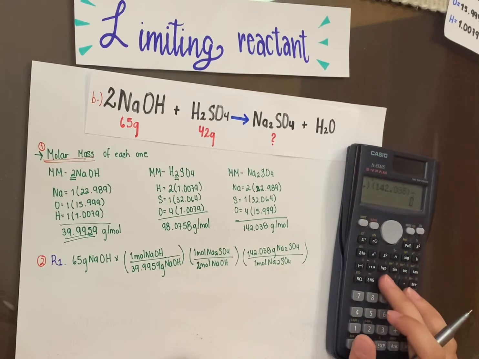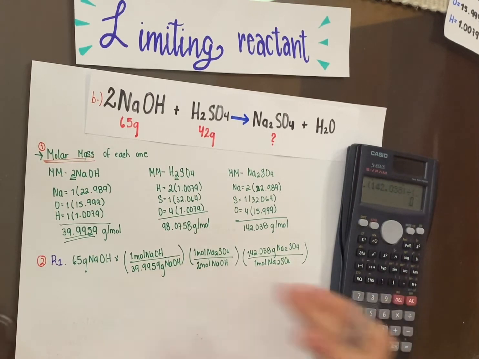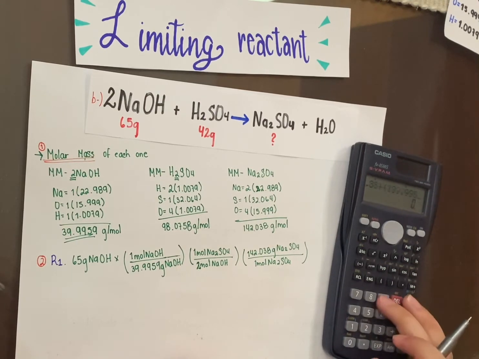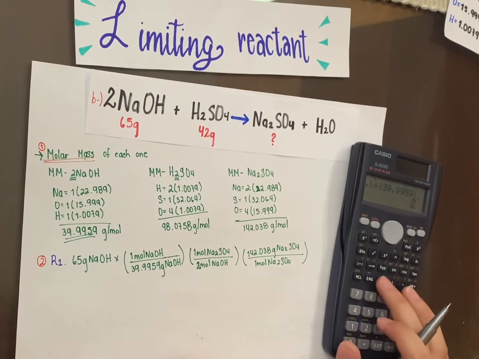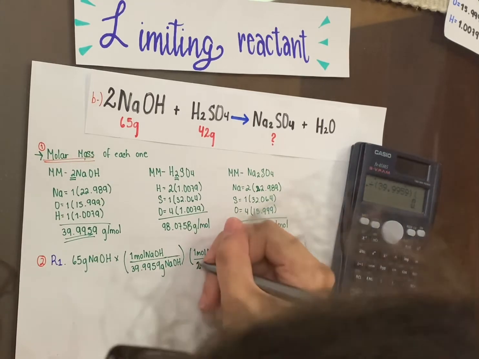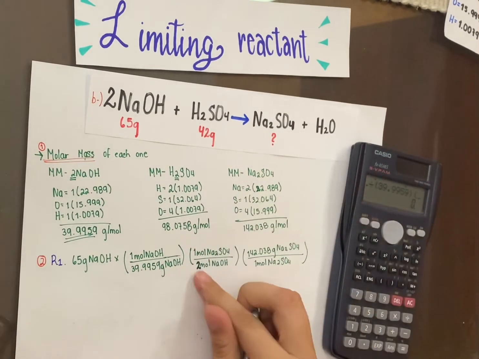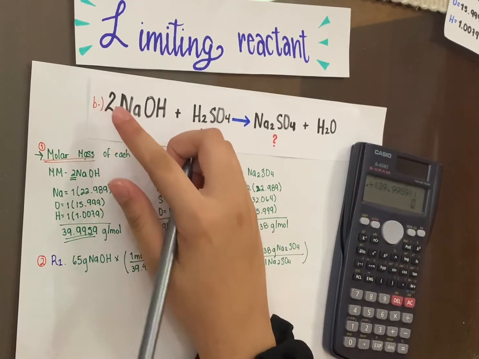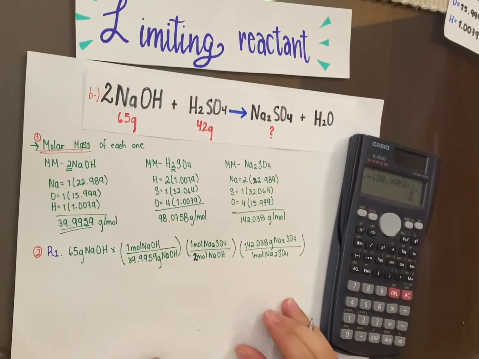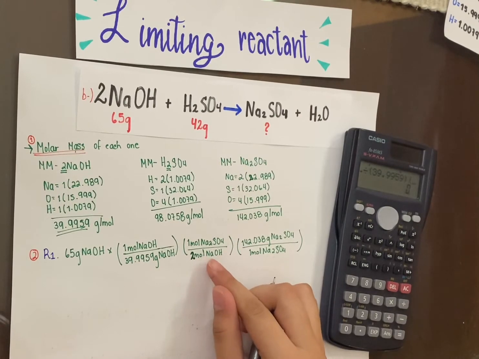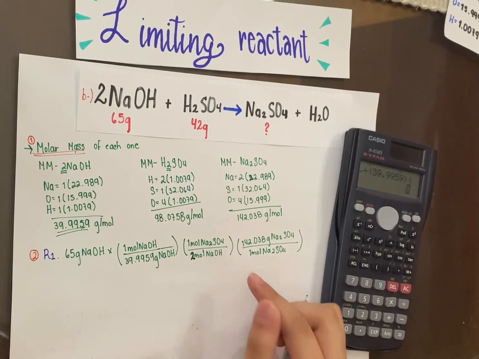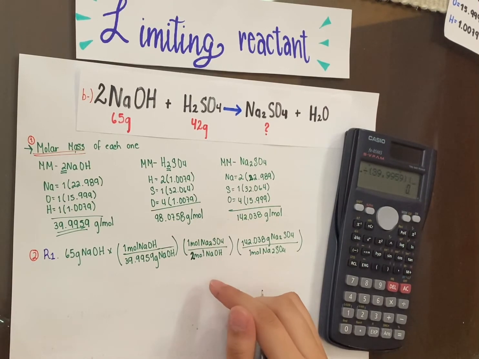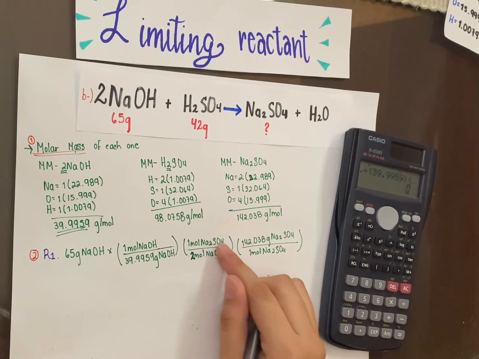Divided by, here I change for 2 because you can see that I have 2 as coefficient. So in 2 moles of NaOH I have 1 mole of Na2SO4.